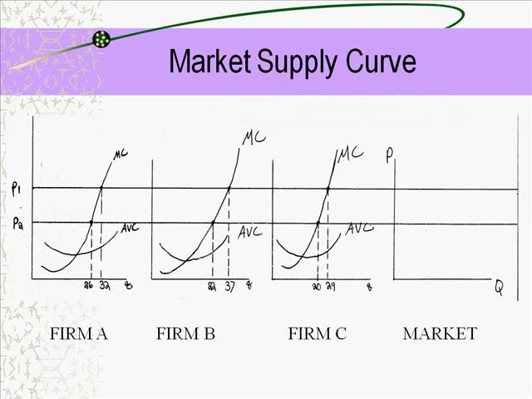So the market supply curve comes from adding up individual firms' marginal cost graphs. So we figured out how to calculate marginal cost. If you remember, marginal revenue we said was the same as price.